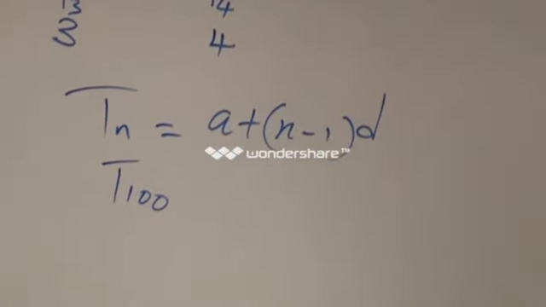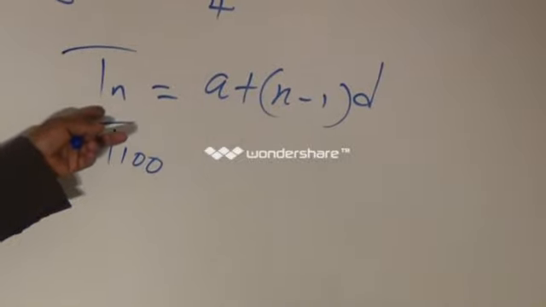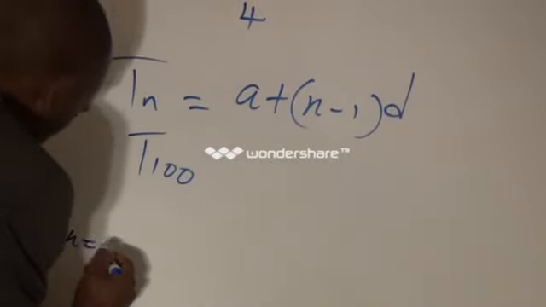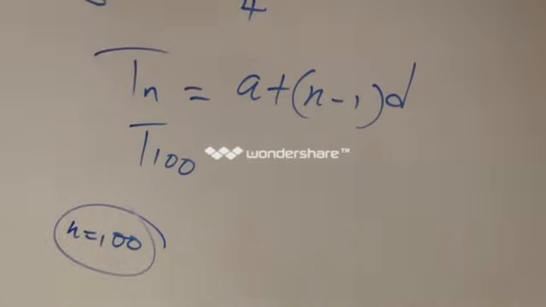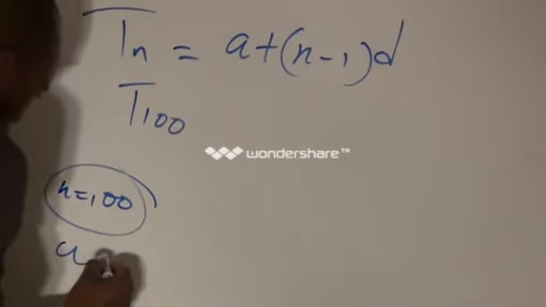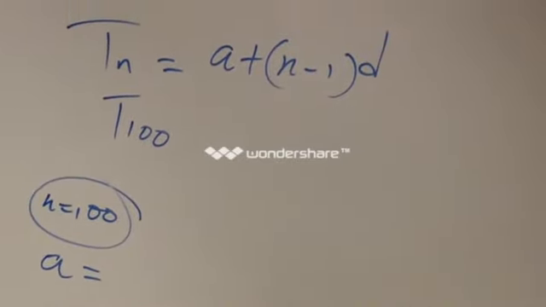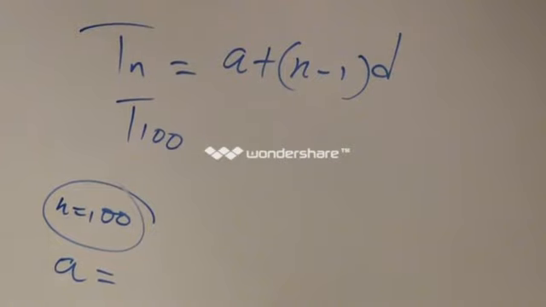If you want me to find T100, what is n now? N equal to 100. Good, guys. What is A again? What is A equal to for this sequence? What is it? 1.